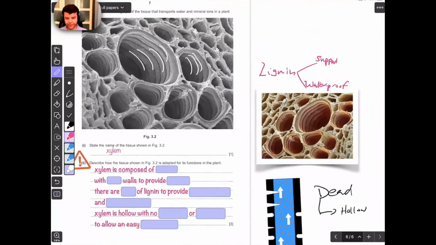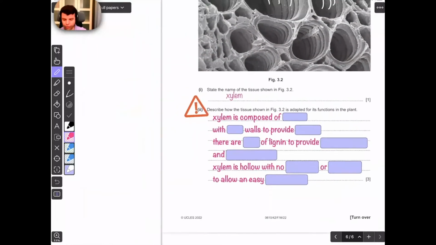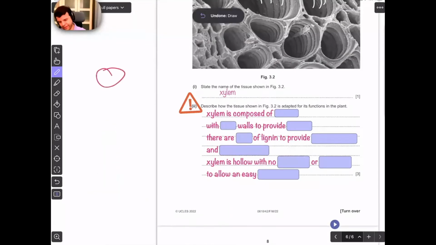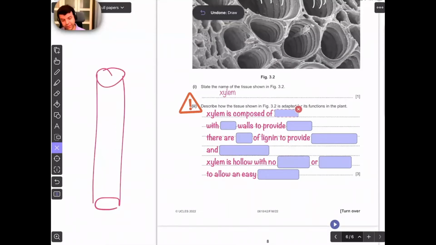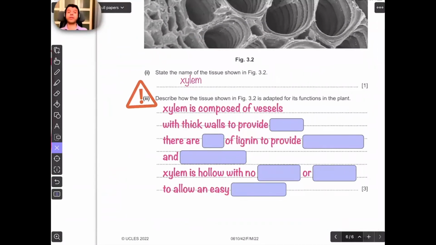All right. So first of all, I say xylem is composed of what? Xylem is composed of vessels, right? And these vessels have very thick walls, right? Why are the walls thick? Because xylem does not do only one thing, it does two things. Xylem provides support and transport of water.